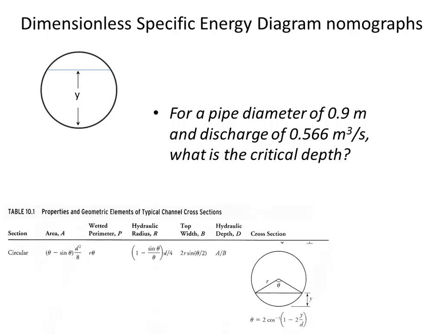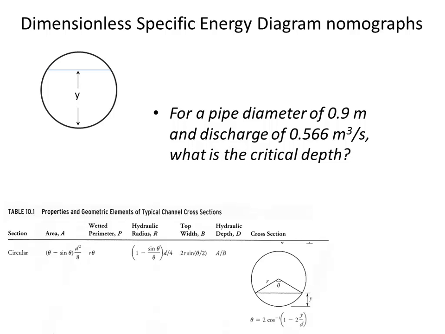And so that would be 0.10125, substituting in the diameter of the pipe that we know, times theta minus sine of theta. The top width is going to be d times sine of theta divided by 2, so 0.9 sine of theta divided by 2.